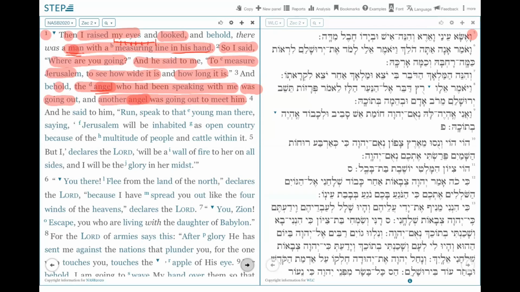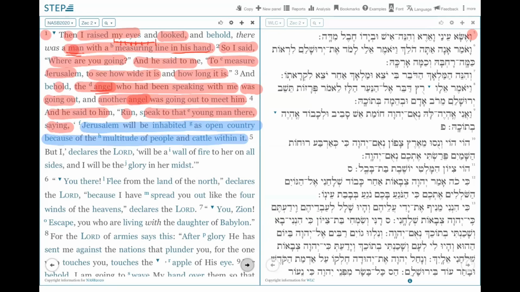So in this particular vision that Zechariah has, it's a very intimate and very busy revelation. And he said to him, "Go, run after the young man here and say, Jerusalem will be inhabited as an open country because of the multitude of people and cattle with it." Now, what does this actually mean?